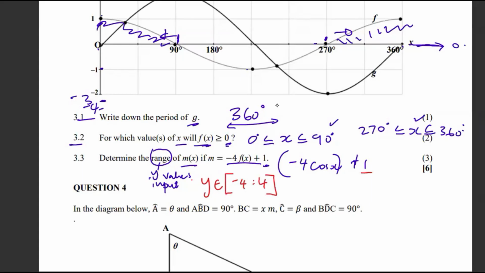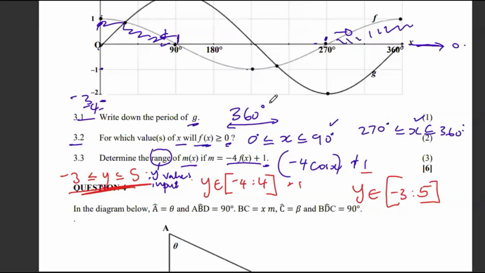And then when you put a plus 1, then y becomes an element of negative 3 and 5. Alternatively, you can say negative 3 is less than or equal to y, less than or equal to 5, just that. And then we have our answer. So that's what happens. So this question does involve some bit of transformation.